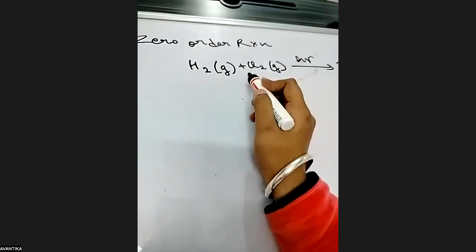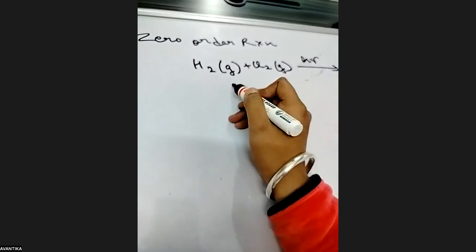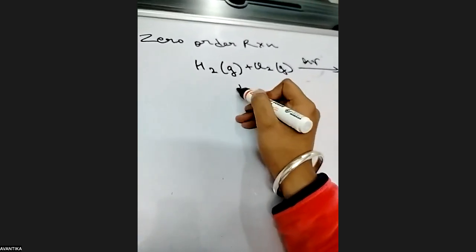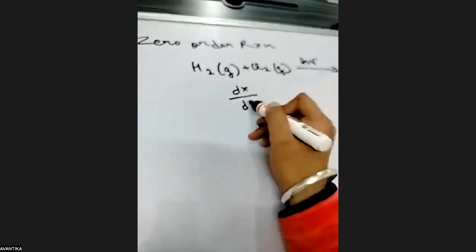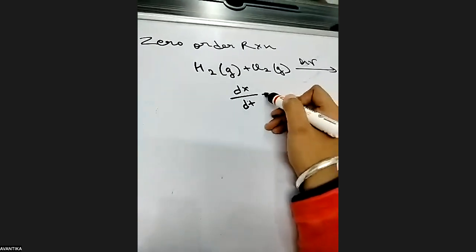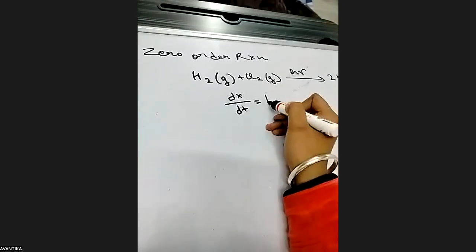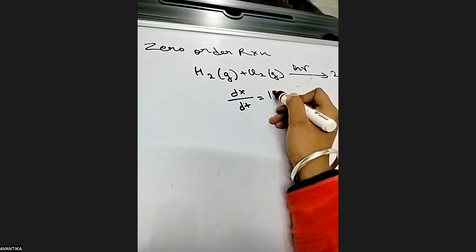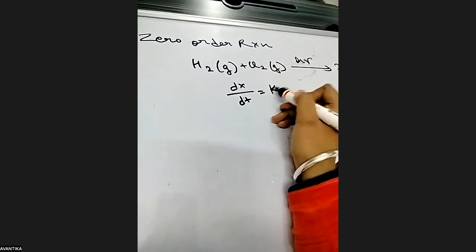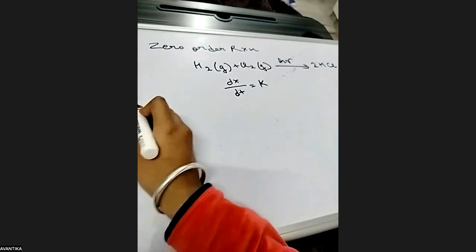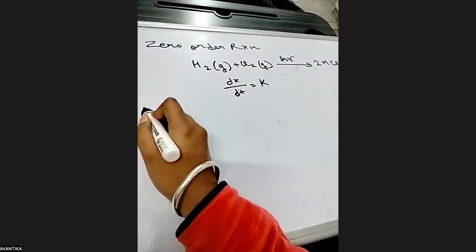So here the rate becomes equal to k, that is constant. For first order reaction, SN1 is first order.